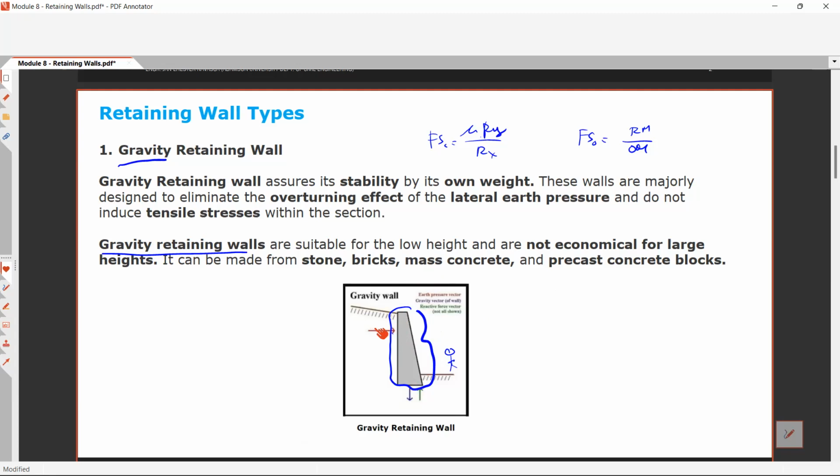For example, you have 1,000 square meters of floor area, with excavation 4 meters below. Imagine how much mass concrete that is.